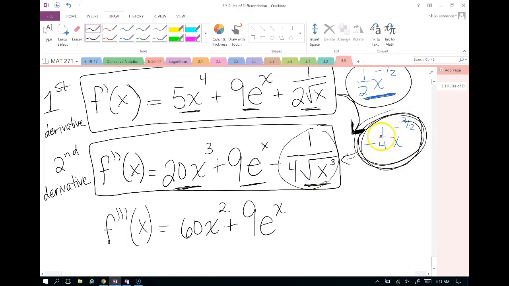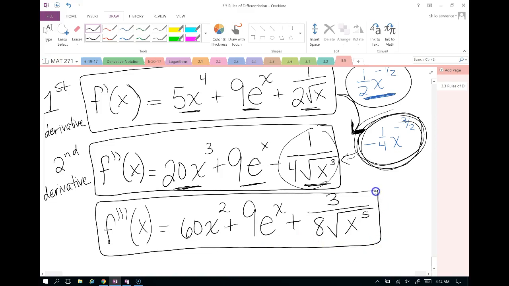And when we do that, we're going to have negative 1/4 times negative 3/2, which is positive 3/8. The new power is 1 smaller. If you subtract 1 from that, you get negative 5/2, which means we have a square root in the bottom with a 5th power. That is our third derivative.